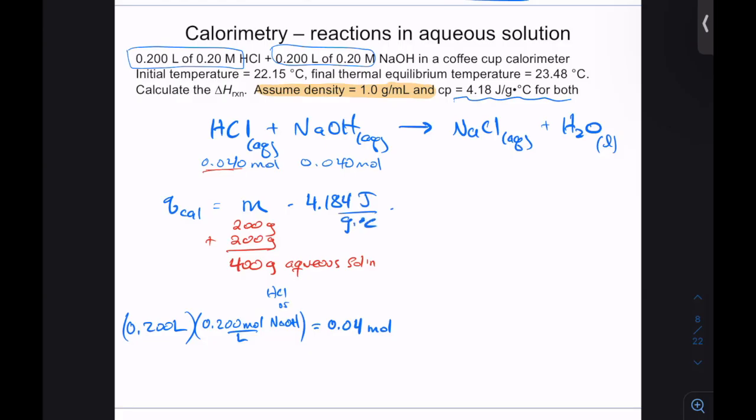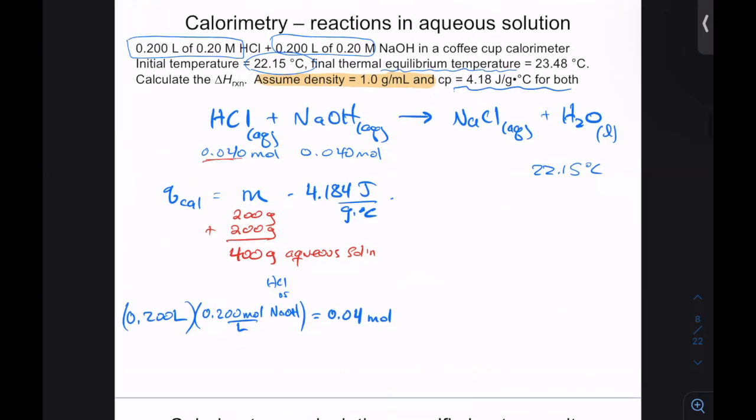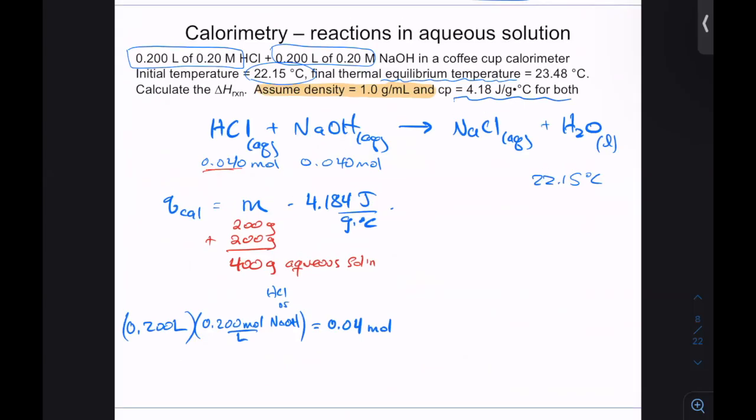And the delta T, what is the delta T? Well, the initial temperature is 22.15 degrees Celsius. And the final temperature, well, you're not told the final temperature, but you are told the equilibrium temperature, and you know that that's the final temperature. That's going to be 23.48. That's the final. So T final minus T initial.